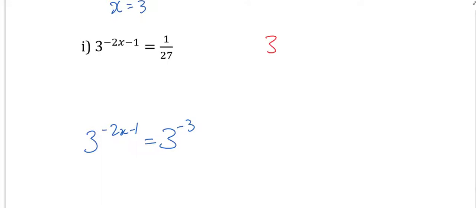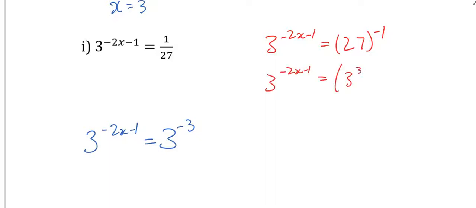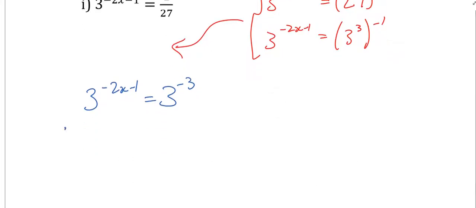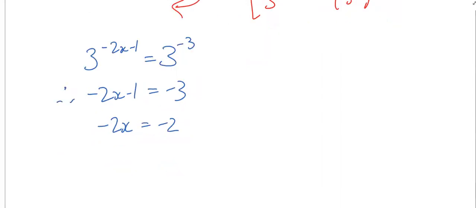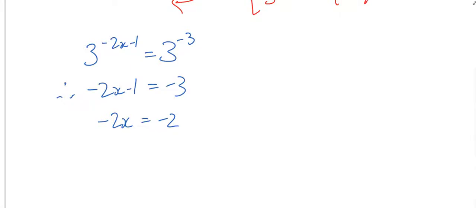But if you wanted to do this, it's totally fine. And it's a good idea, especially for the first few, to maybe show the extra steps. Therefore, the exponents are equal. I'm going to add 1 to both sides and divide both sides by negative 2.